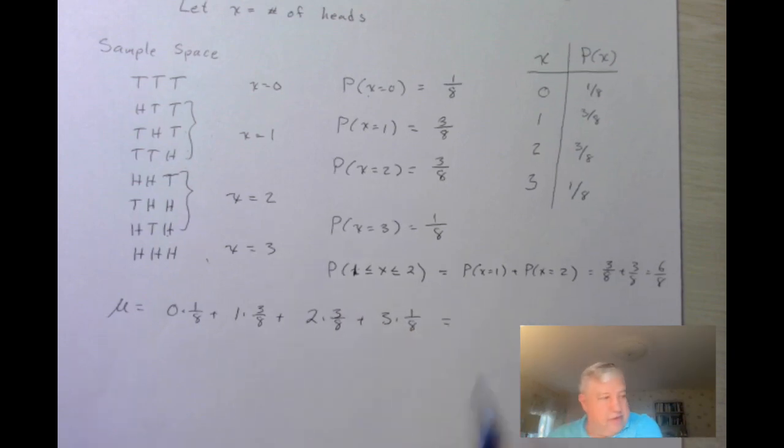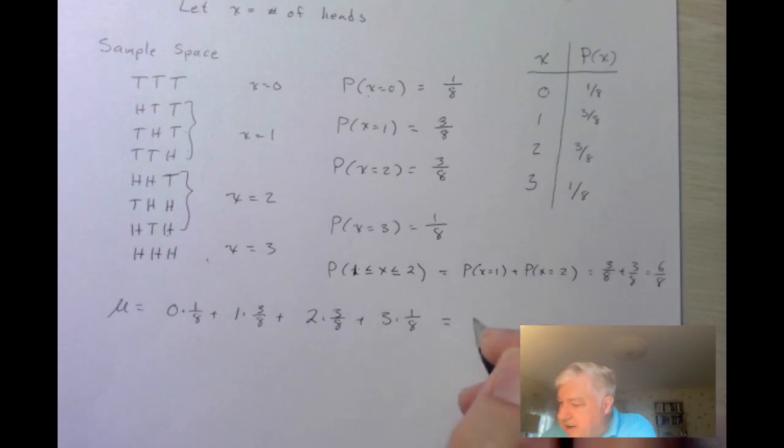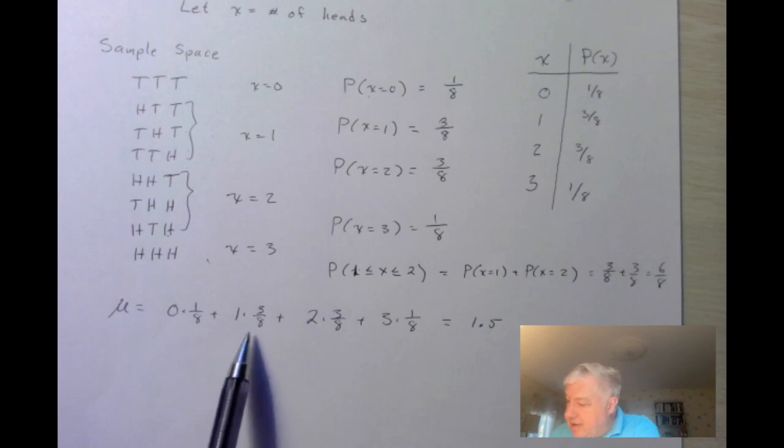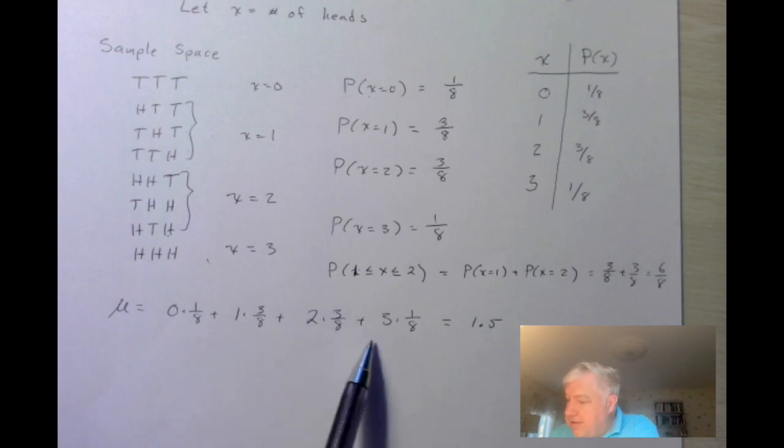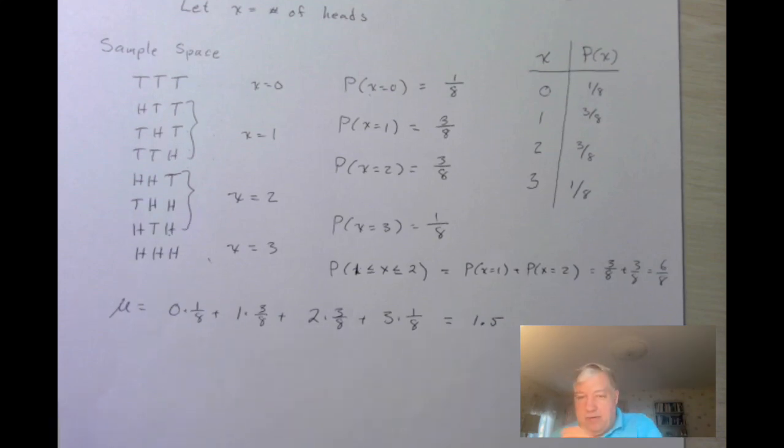Now if we add this all up, it turns out to be 1.5. Because you get 3 plus 6 plus 3, that's 12/8, which reduces to 1.5.